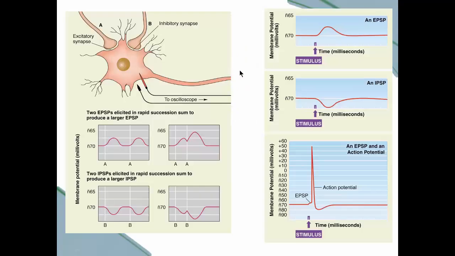And so we have synapses, that is the junction between the button and the dendrite or the cell body. We can have action potentials that either excite the receiving or adjacent neuron or inhibit the adjacent neuron.